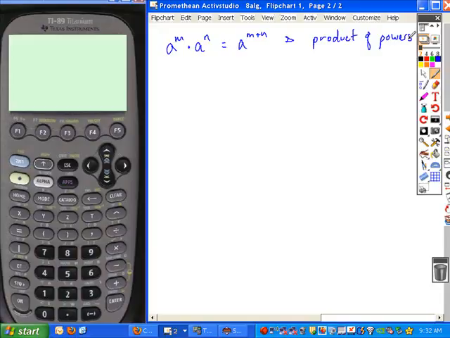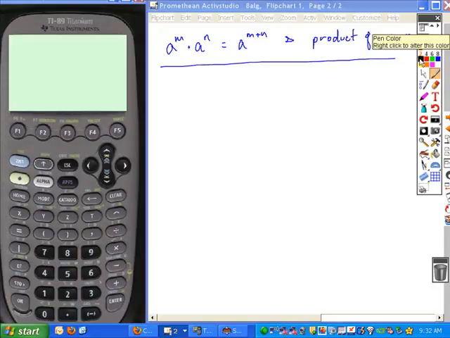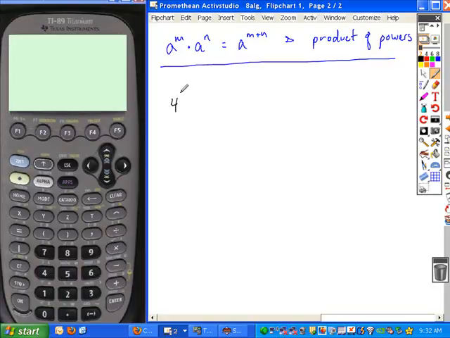Now there's also a rule that says if you take a power to a power. Let's take a look at what happens if we take a power to a power. If we were to write this out in that expanded form, what does this power of 2 mean we're going to do with the base of 4 cubed?